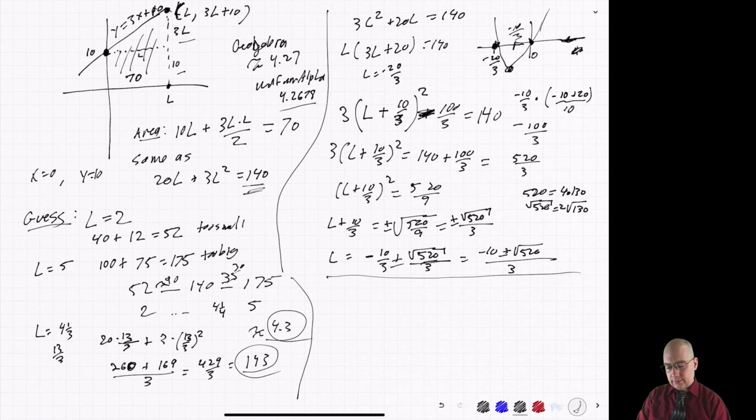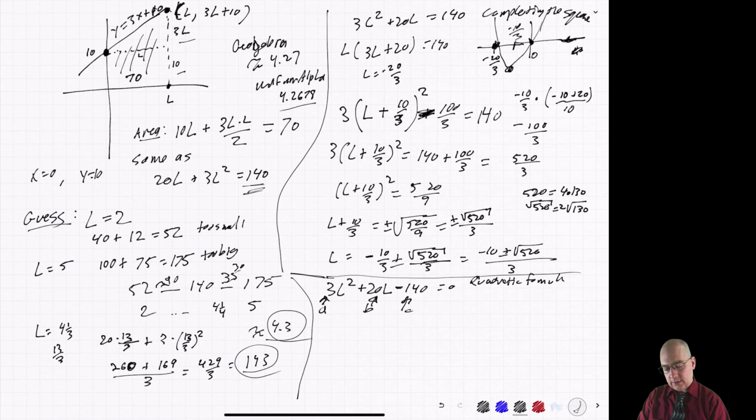One more method. So this is the quadratic formula method. So for quadratic formula, so let's say that this is completing the square. This is the guess method, and this is the quadratic formula. 3L squared plus 20L minus 140 equals 0. So the 3 is the a, the b is the 20, and the c is the minus 140.